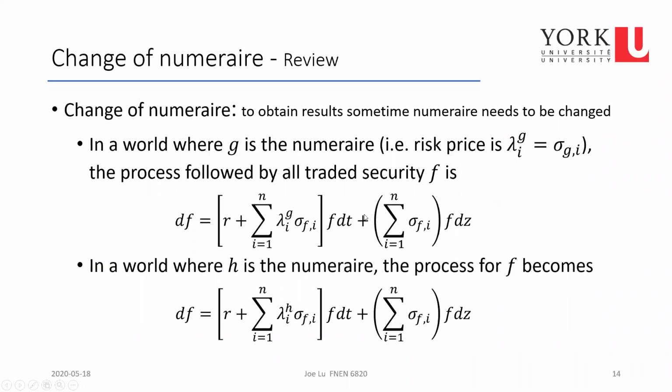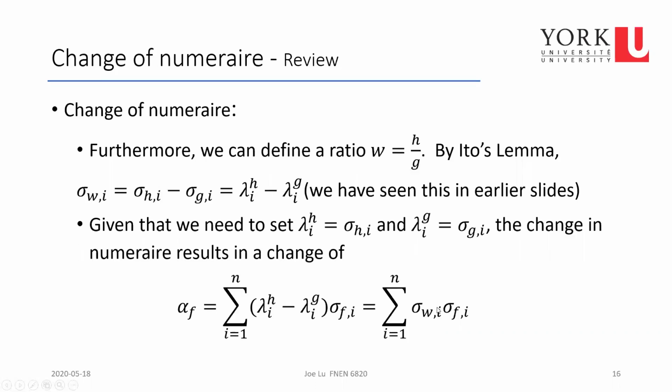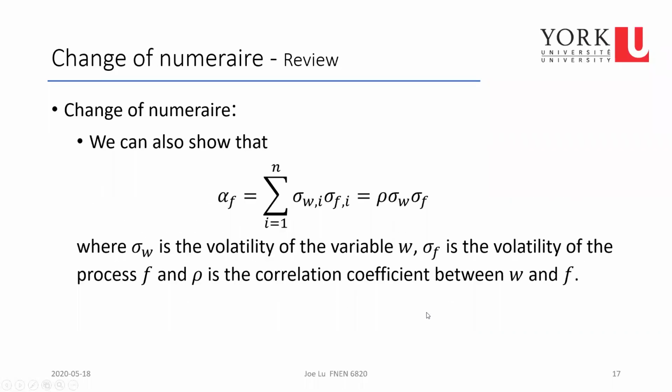You can review the change of numeraire that we discussed in lecture 3: how we change from G as a numeraire asset to another process that uses H as a numeraire asset. This alpha F is the change of drift.